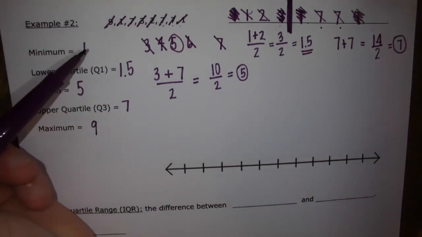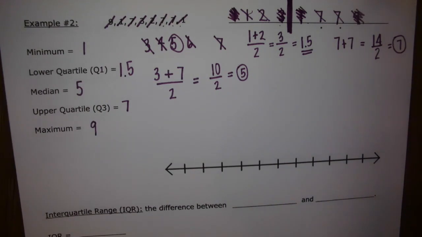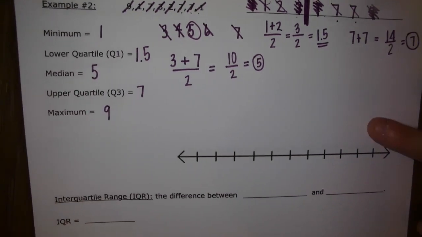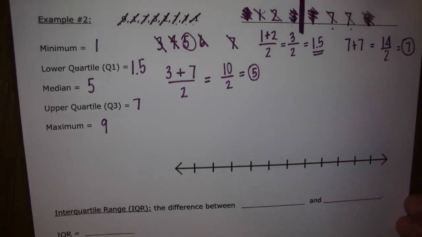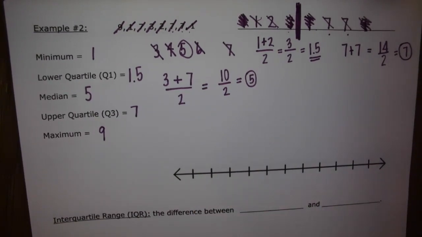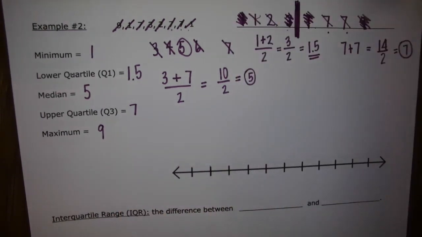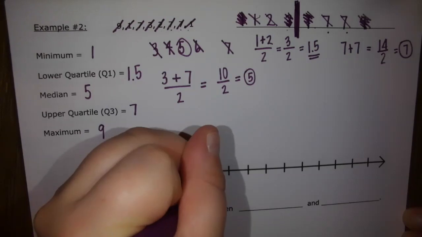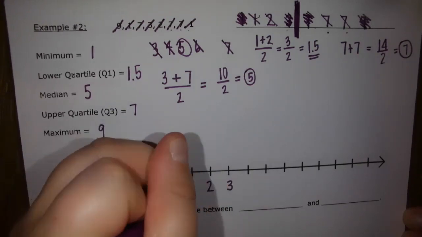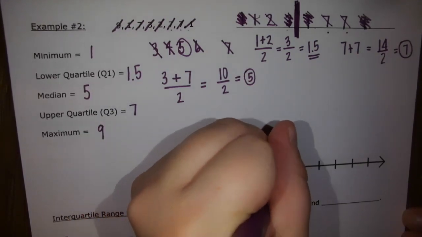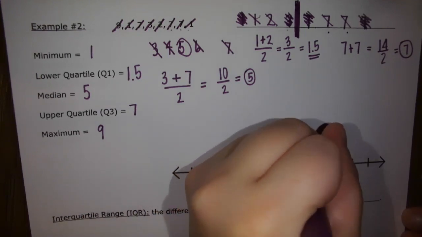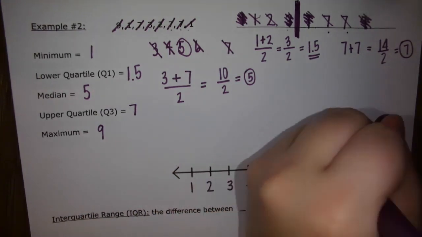So now that we have all of our key players here, we're going to go and plot them on the number line. Now looking at this number line, it's the same exact number line, blank. So we need to fill it in. It looks like my numbers range from 1 all the way to 9. So I'm just going to go and start my number line there at 1. 1, 2, 3, 4, 5, 6, 7, 8, 9.